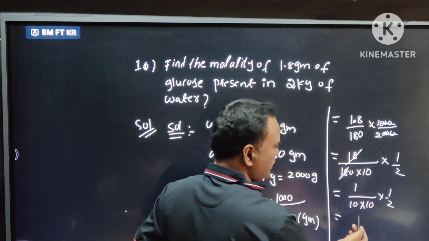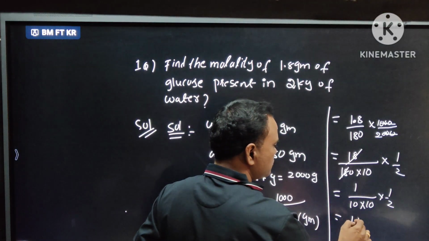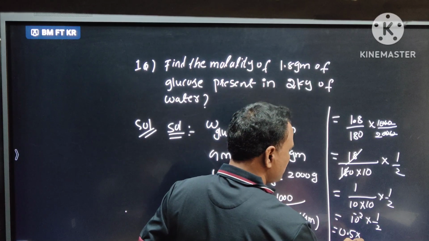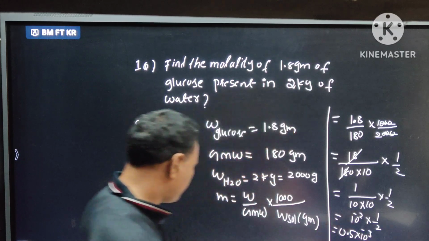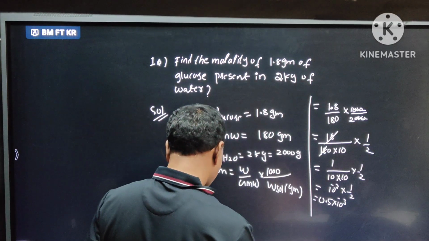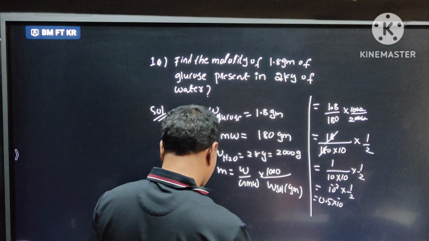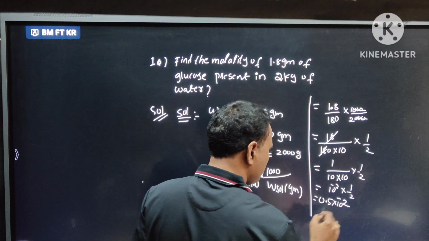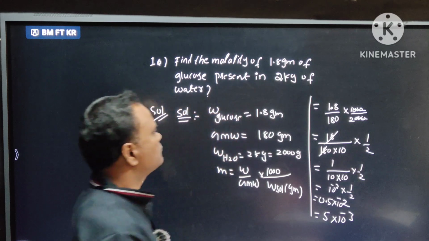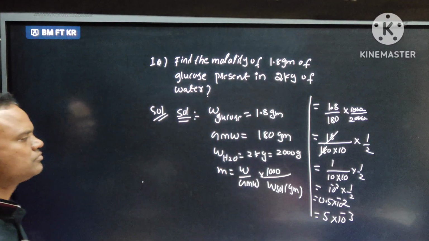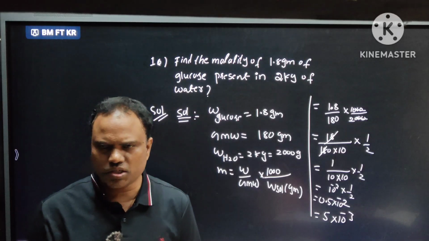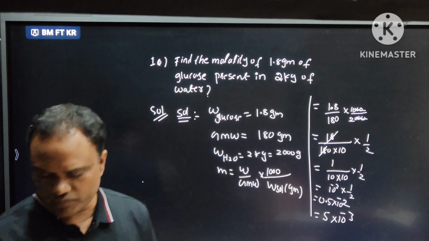So 1 by 100 means 10 power minus 2, into 1 by 2, which is 0.5. Finally 5 into 10 to the power of minus 3. This is a basic level question to understand the formula and the data conversion.